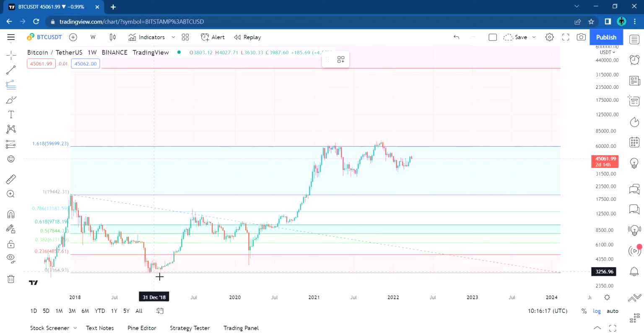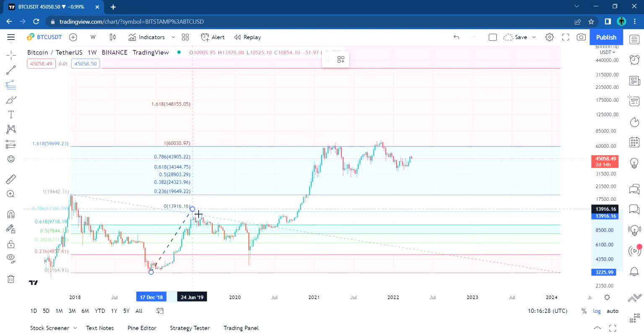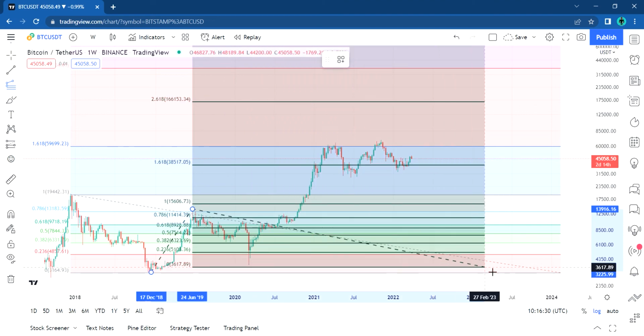And you're saying, okay, the move actually began here at the bottom, and then we had the first impulsive move up, and then we had our retracement, which is over here.